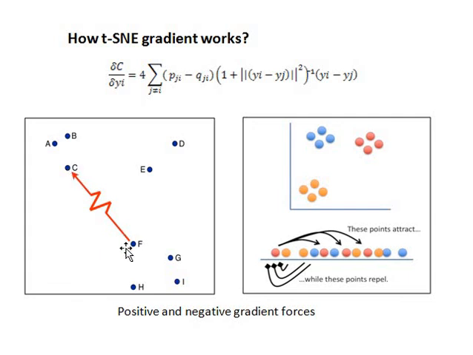It applies positive gradient forces between these and tries to minimize the distance. The positive gradient forces are applied between similar data points, and negative gradient forces are applied between dissimilar data points. Here we can see this red data point and these other three red data points are attracted towards each other because they are similar, and the other data points which are not similar to these red data points are repelled from each other.